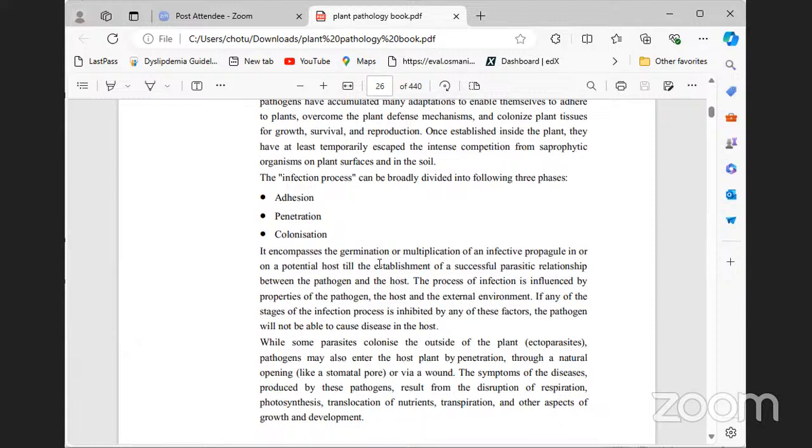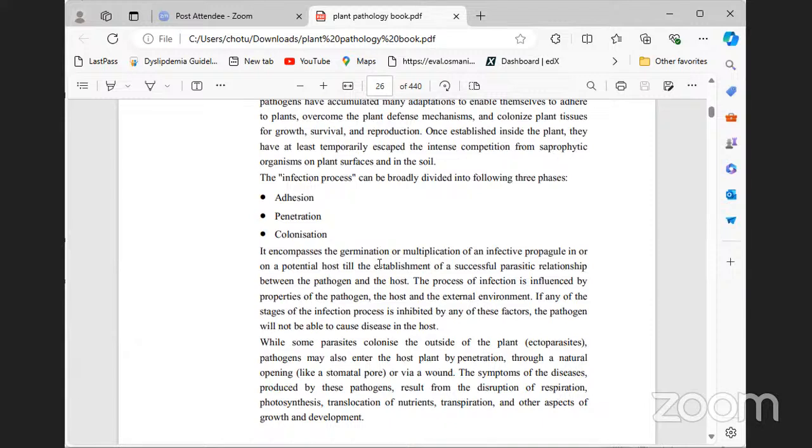The symptoms of disease produced by these pathogens result from the disruption of respiration, photosynthesis. What is the result of this?